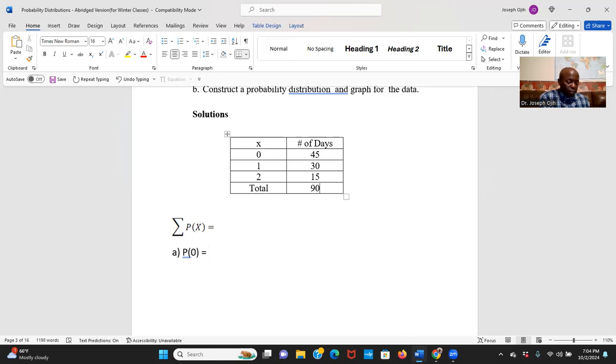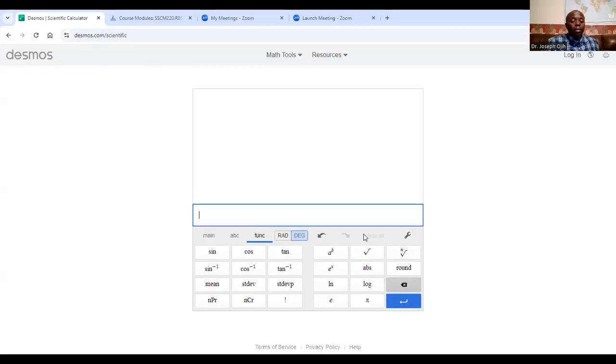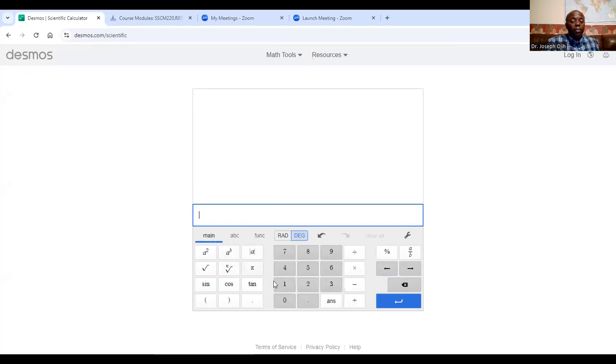To verify, 45 plus 30 plus 15 gives us 90.